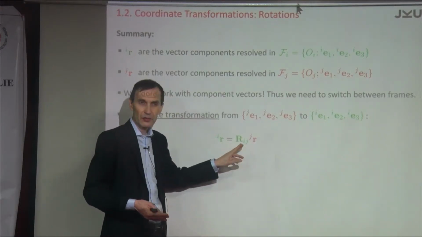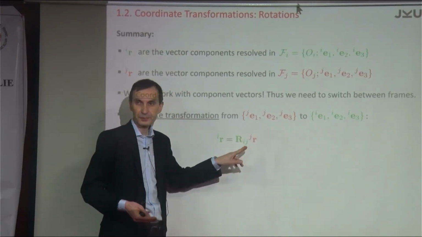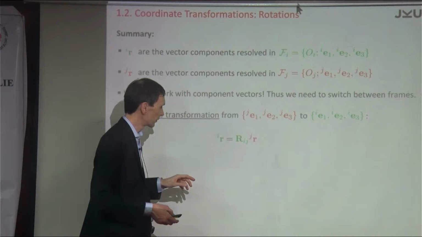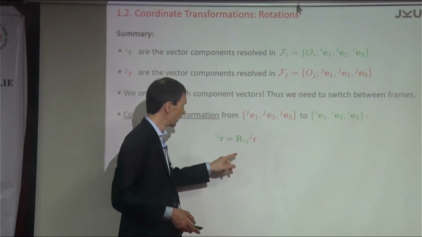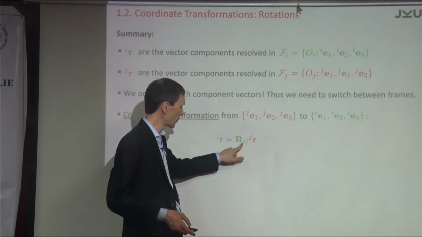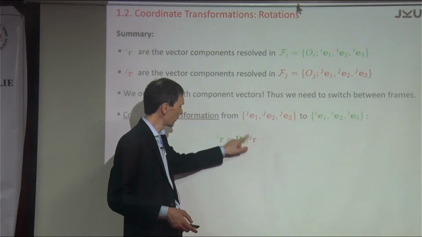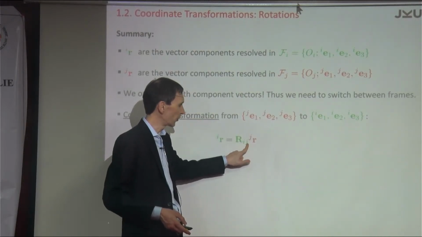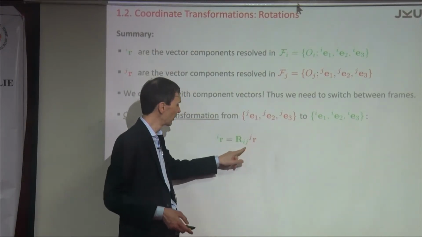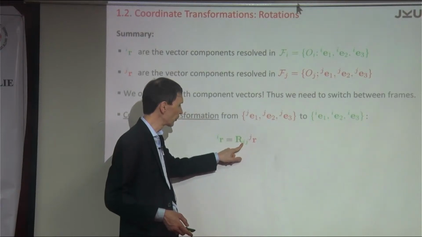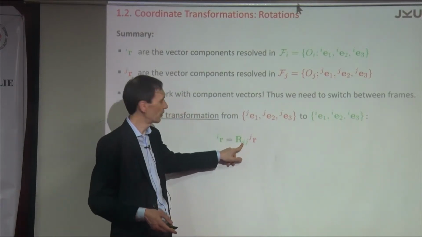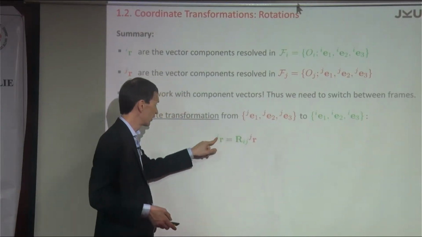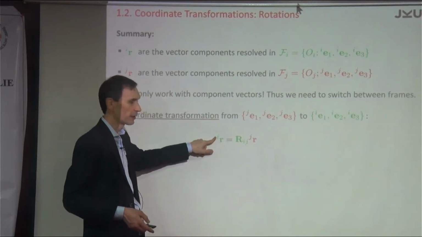Now, the rotation matrix is called Rij. And there's a bit of logic behind it. This is the source and this is the target, in the sense that the matrix takes as input the coordinates in the J frame, the source, and transforms them into the target frame, the I frame. So what comes out is the vector in the I frame.